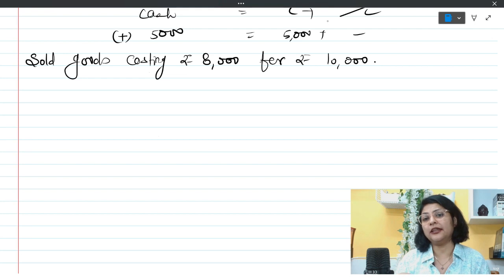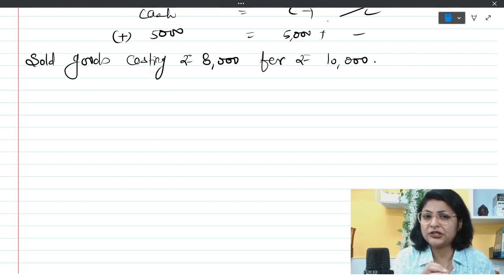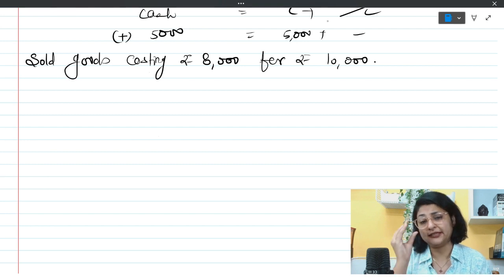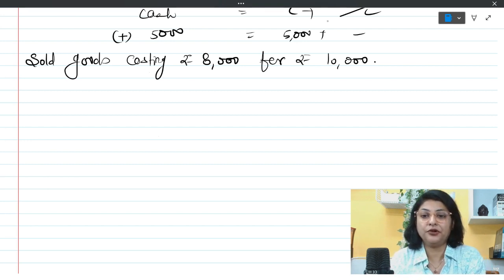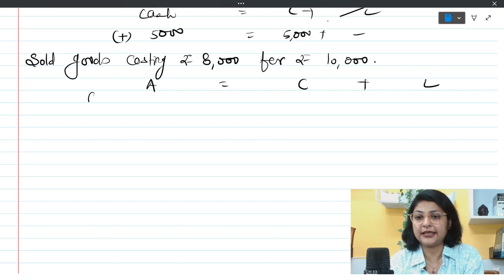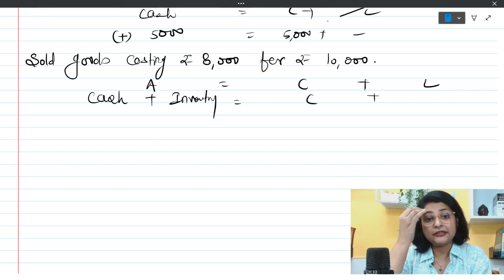Since the name of the person to whom the goods are being sold is not given, the general assumption is that these goods are sold on a cash basis. Now, how are we going to deal with it? Obviously, on my asset side, I will have to take into account two things, that is cash and inventory. Inventory or stock is one and the same thing, and here nothing is specified.